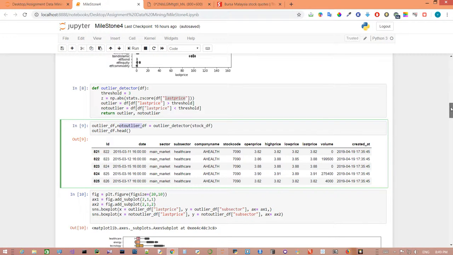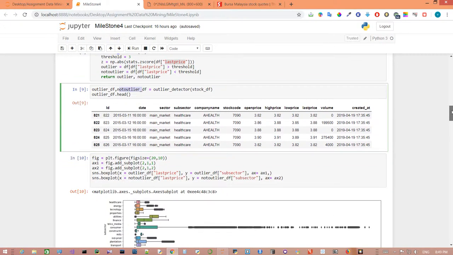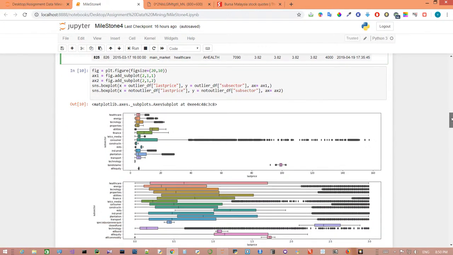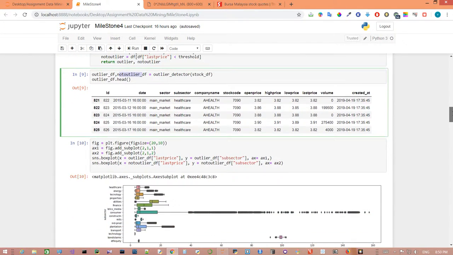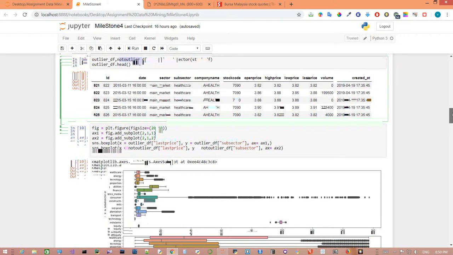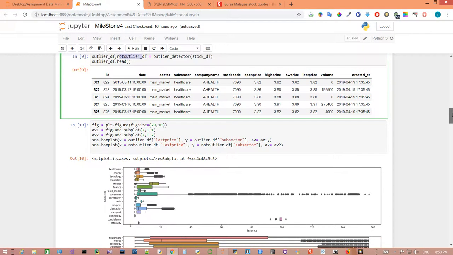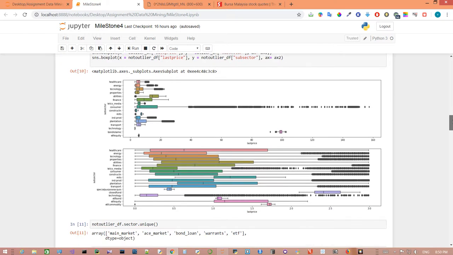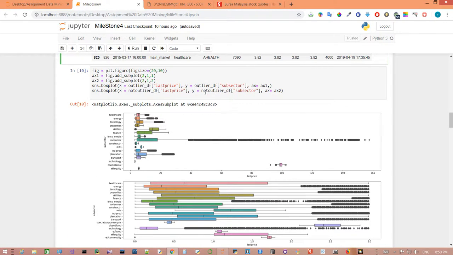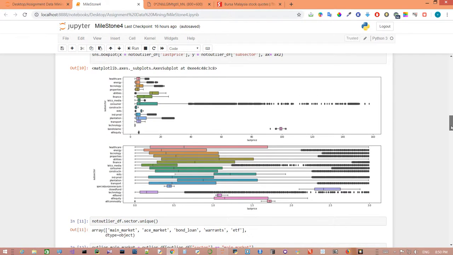So to understand whether we have done something useful, I'm trying again to plot outlier and also not outlier data again. Okay, this is my next box plot, which seems nicer here and more sensible.